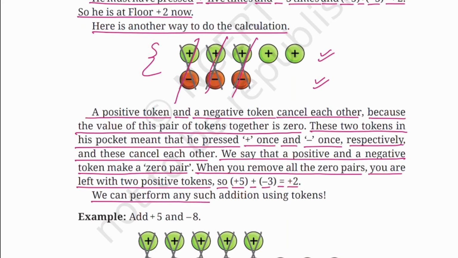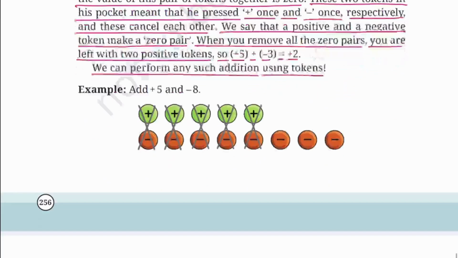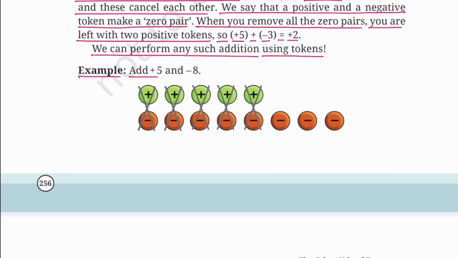We can perform any such addition using tokens. Example: add plus 5 and minus 8. Plus 5, that means 5 green tokens, minus 8, that means 8 red tokens. 5 green and 5 red, that means 0 pairs or they cancel each other, and 3 negative tokens remain, that means 3 red tokens remain, that is equal to -3.